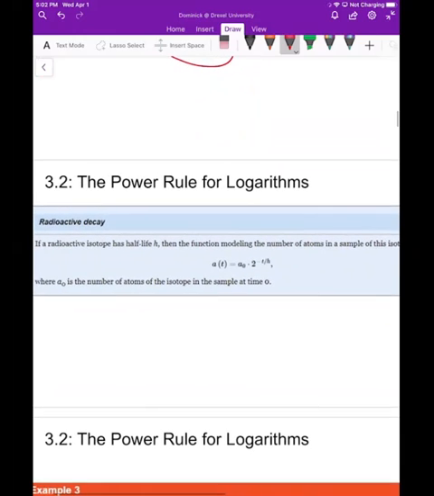Okay, now I want to look at an application of this power rule for logarithms.